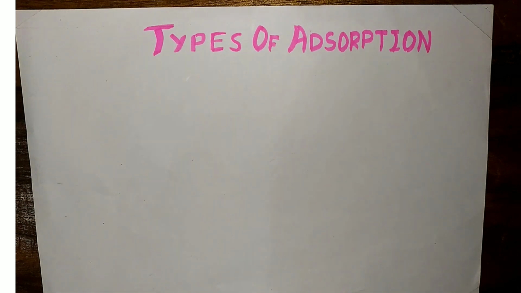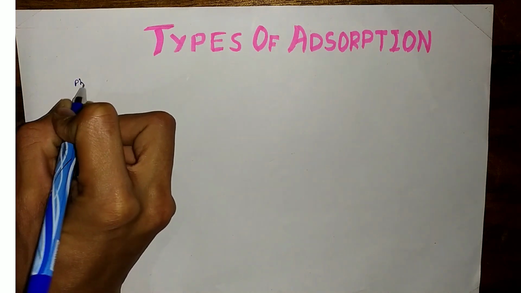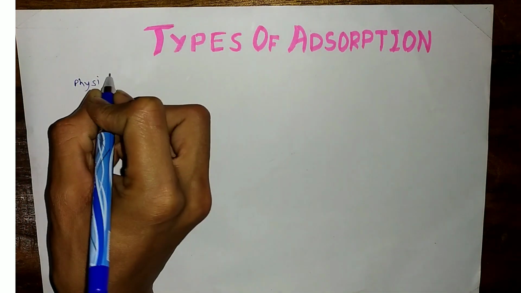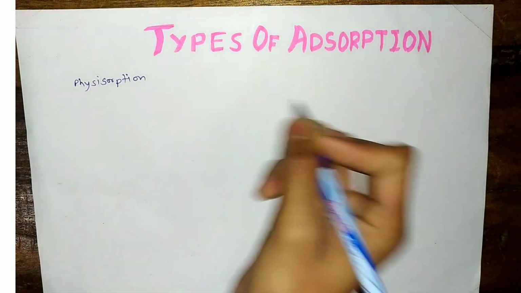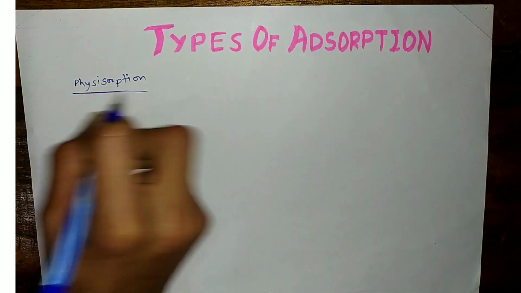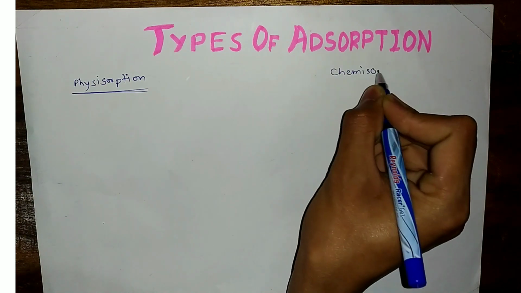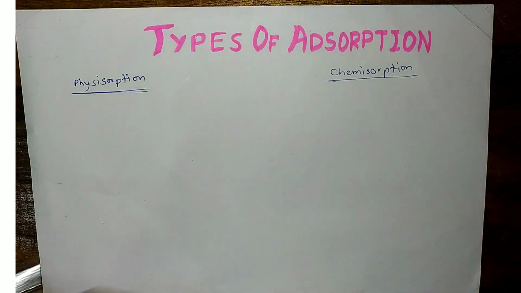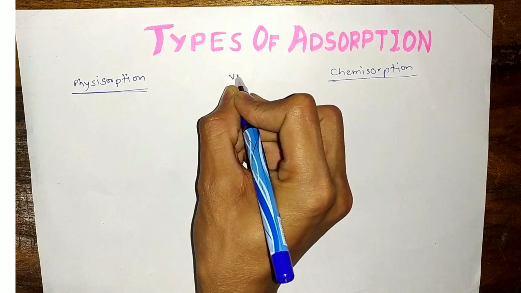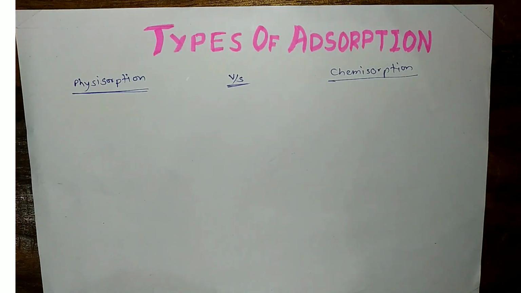There are two types of adsorption. One is physisorption and another is chemisorption. We will see the difference between physisorption and chemisorption.